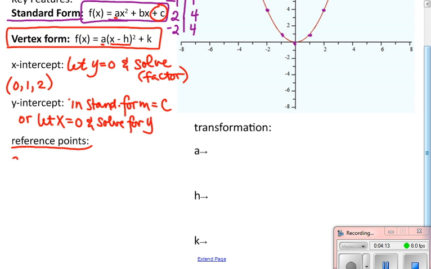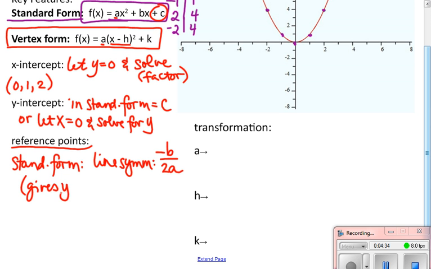So in standard form, the line of symmetry is a great reference point. And remember, we find that by taking the opposite of b over 2a. The reason this is so important is that it gives you the x-coordinate of the vertex. You substitute that into the equation, solve for y, and you have your vertex. Then it's very easy to graph from there.